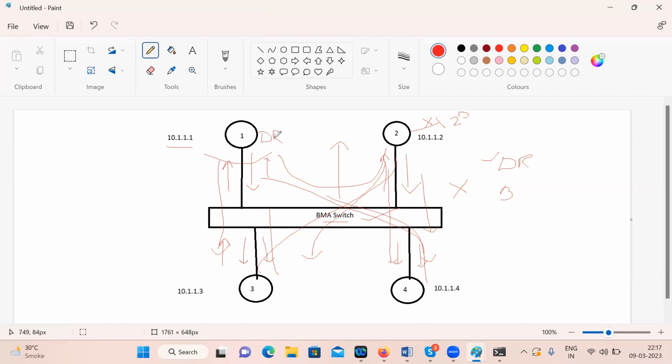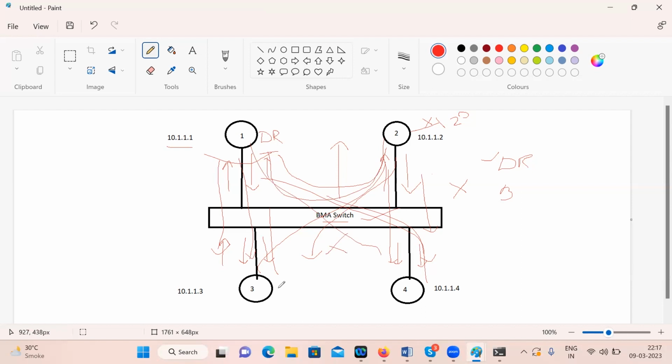If this is your DR router and anything happens on router 2, router 2 will only inform the DR of the topology. The DR will inform every router and the process ends there. That's it.